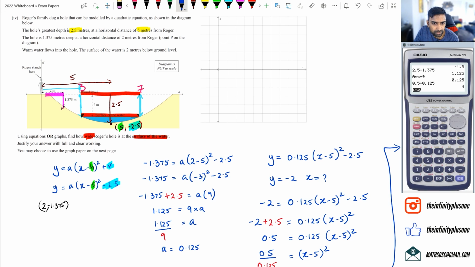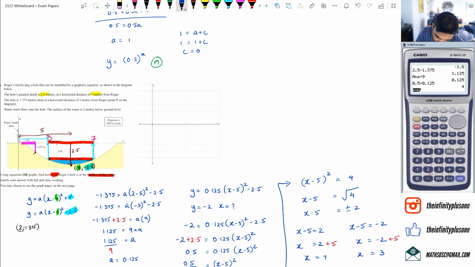For the graphical method, I'll just sketch a rough graph here. My first point is this one here, which is 5, negative 2.5. My next one happens to be 2 and 1.375.